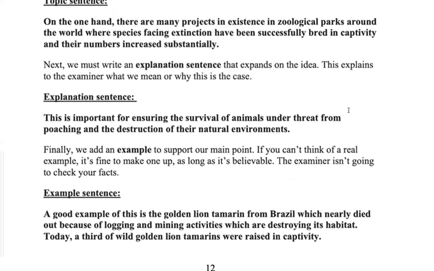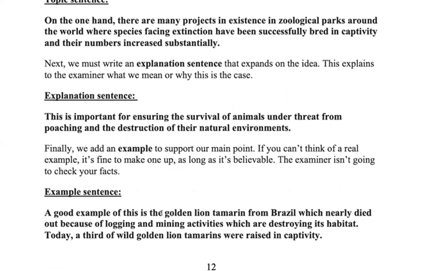So here it says, a good example of this is the golden lion tamarin. So this is a type of animal. It is, I believe, a small monkey, okay, living in Brazil, which nearly died out. When you say die out, it means decrease. The number of this creature is decreased.